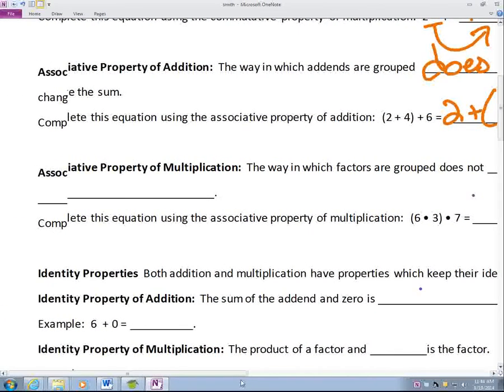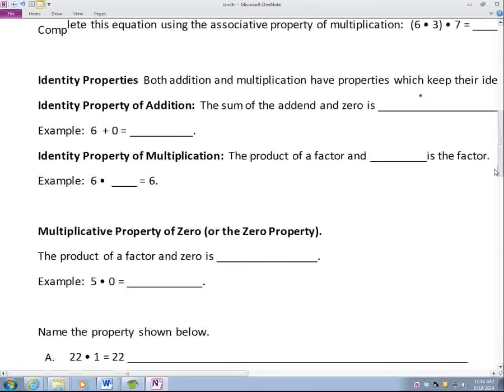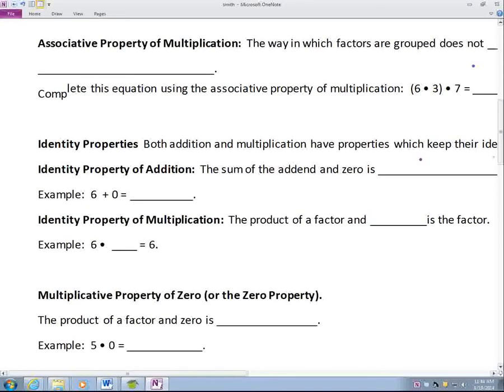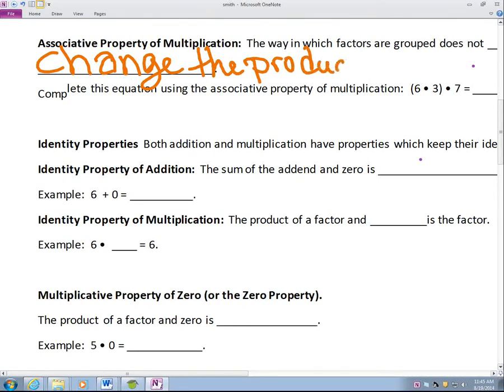The associative property of multiplication. All right, let's stay focused. The way in which factors are grouped does not change the product.